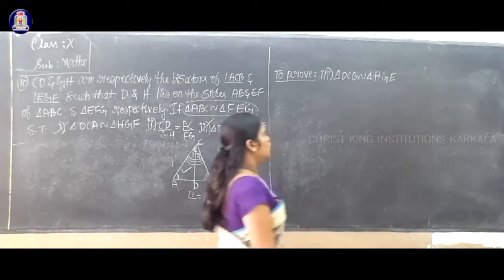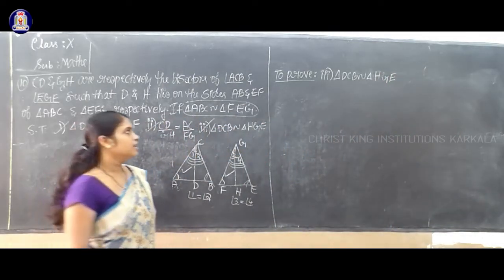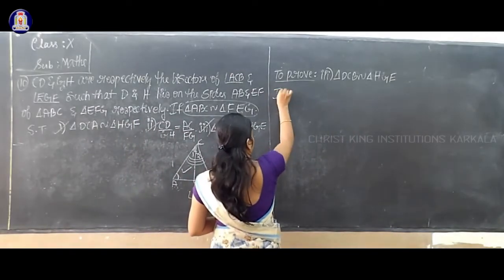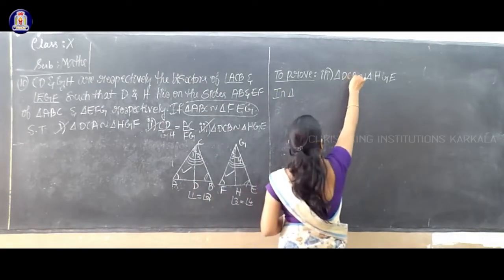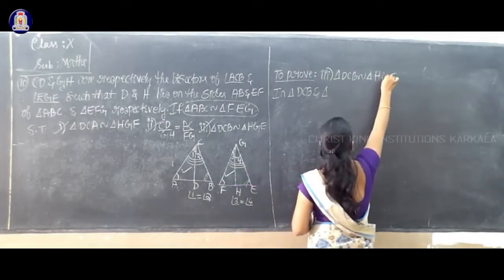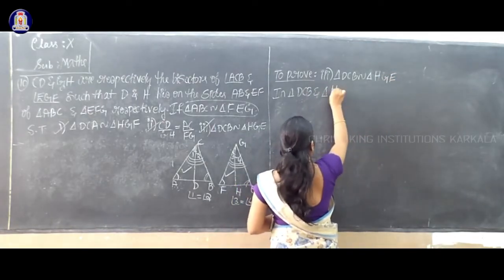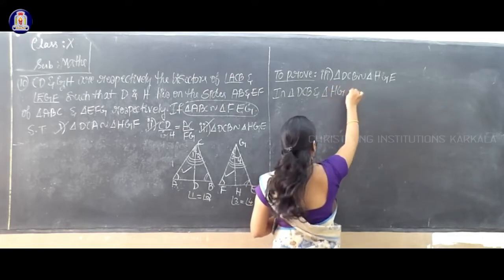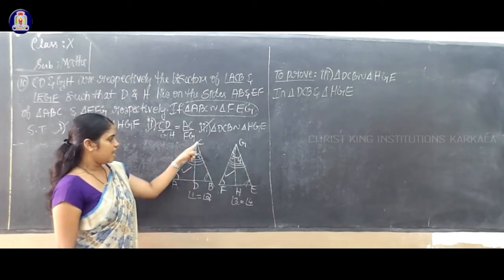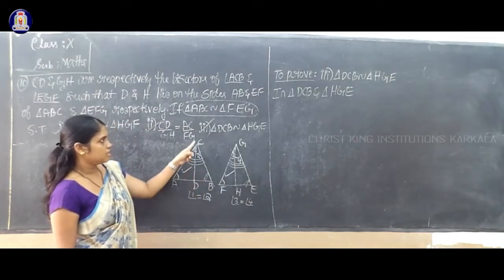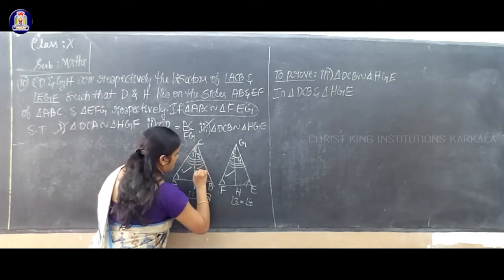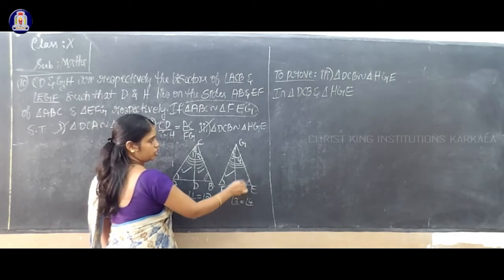To prove these two triangles are similar, I will consider these two triangles separately. In triangle DCB and triangle HGE, consider the triangle CDB or DCB, this one, and HGE.